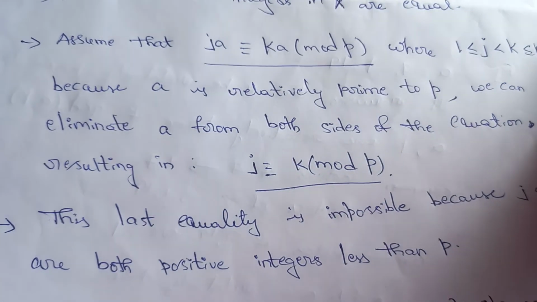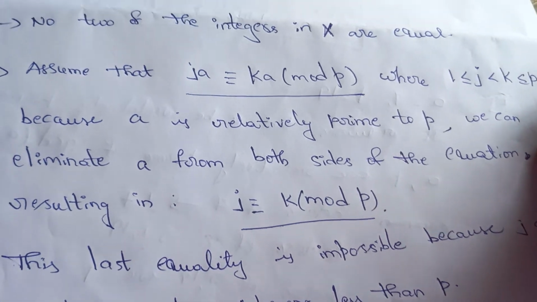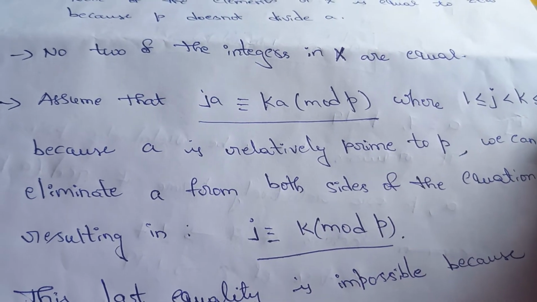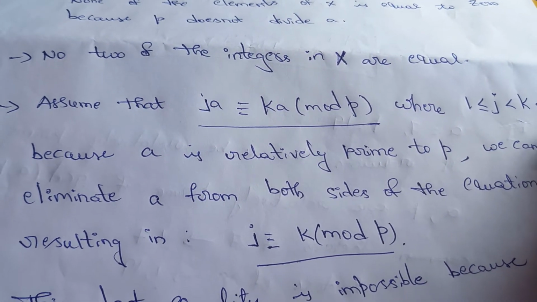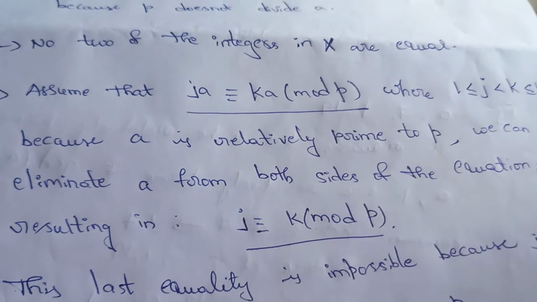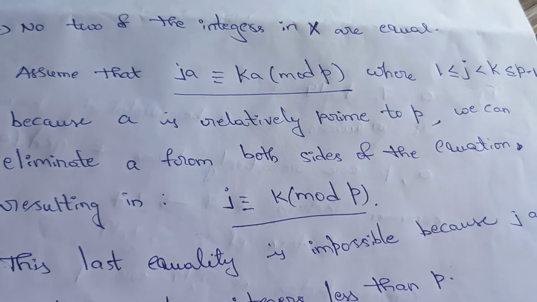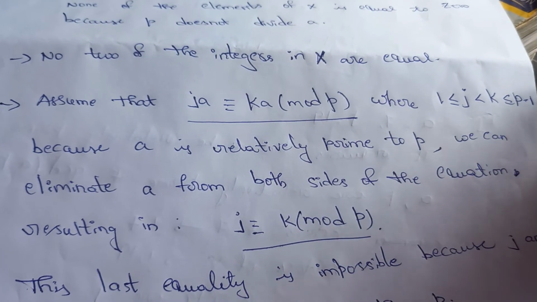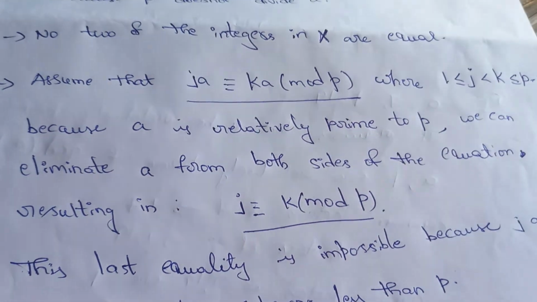Here, these are the statements for proving that no two of the integers in x are equal. Let's see why the two integers are not equal in x.